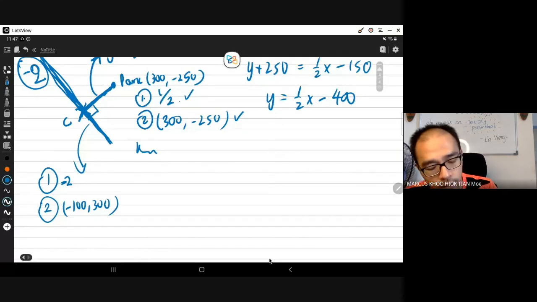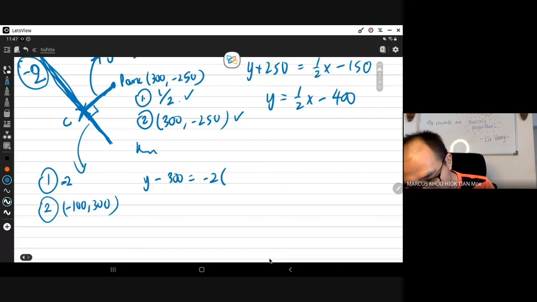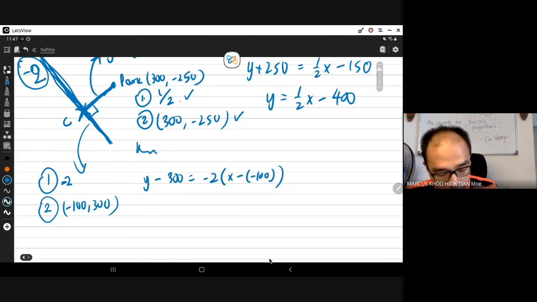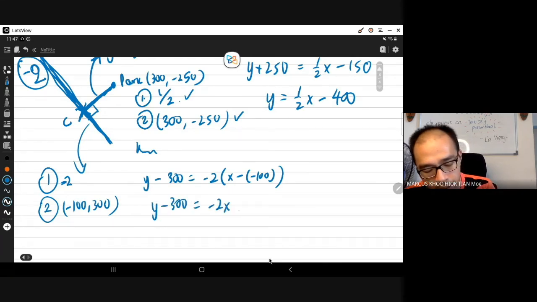So let's form the equation. y minus 300 equals negative 2, x minus negative 100. So y minus 300 equals negative 2x minus 200. Bring the 300 across, you get y equals negative 2x plus 100.